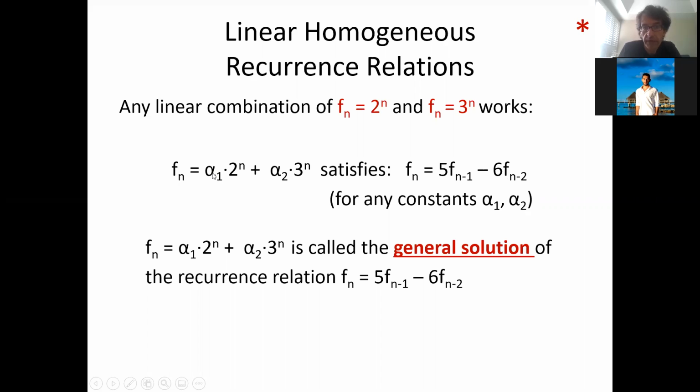So you can make alpha 1 be 1 and alpha 2 be 0, in which case you get this solution, or flipping this will get you this solution. But any linear combination of these two is also a solution to the recurrence relation. That is called the general solution. Every solution to this recurrence relation has to have this form. And which constants alpha 1 and alpha 2 you should take depends on the base conditions.